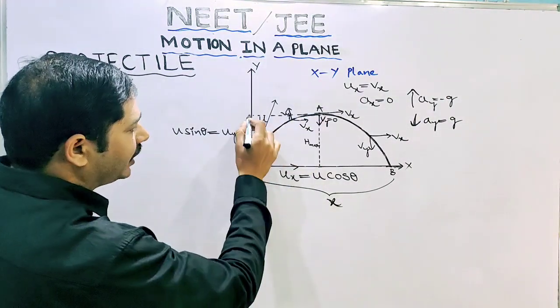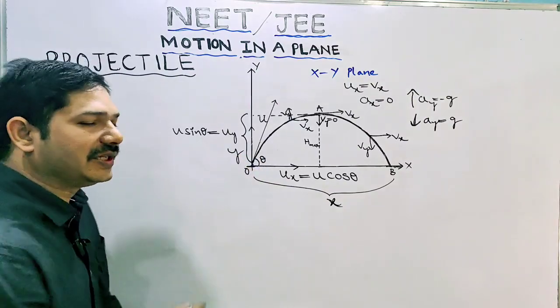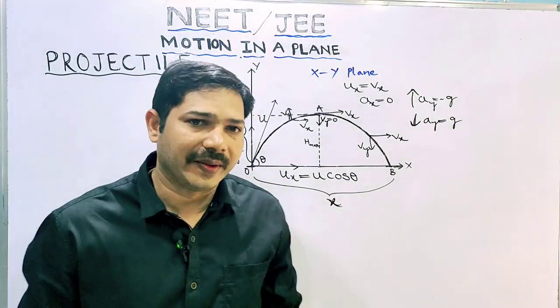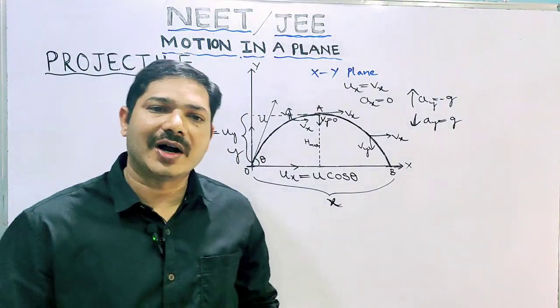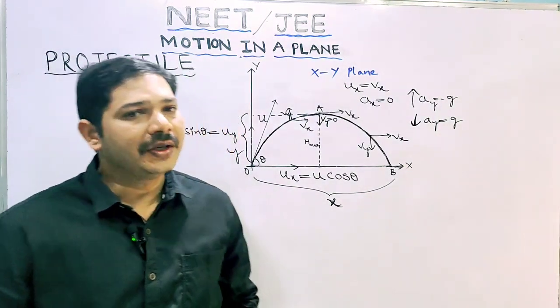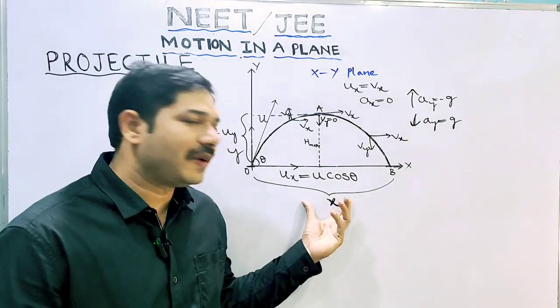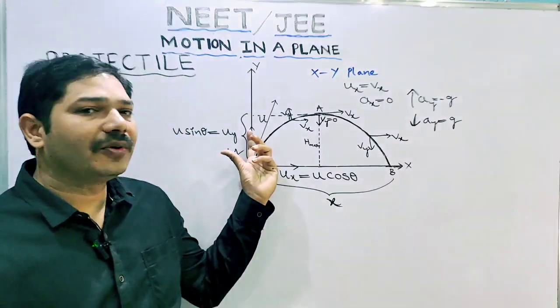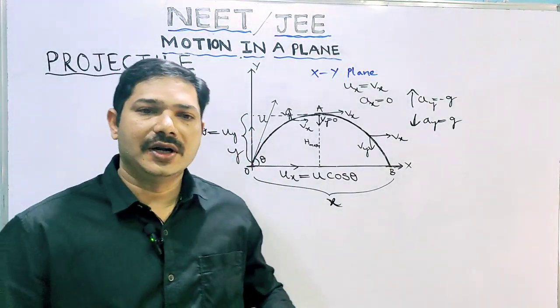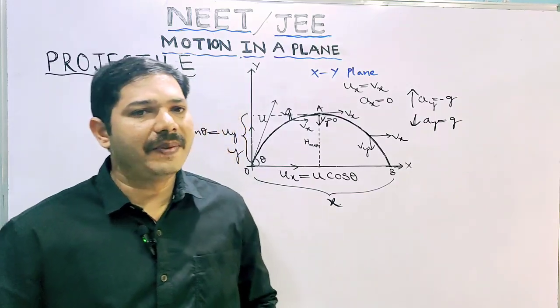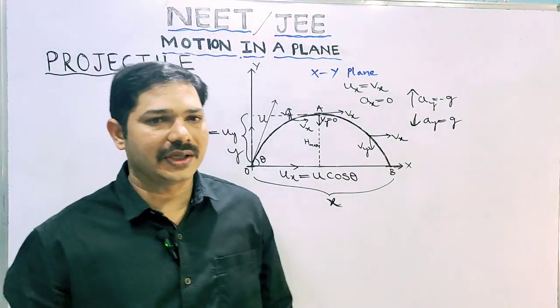Vertical displacement is Y. Horizontal displacement is X. Now in horizontal motion, what is the displacement? In vertical motion, what is the displacement?